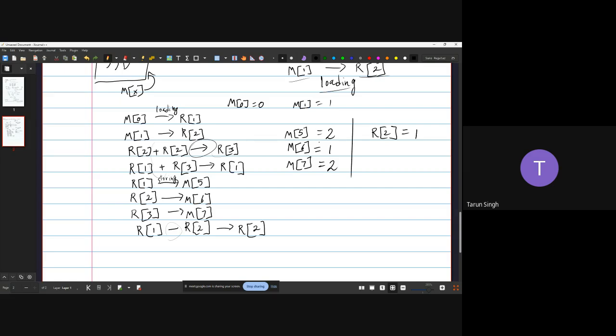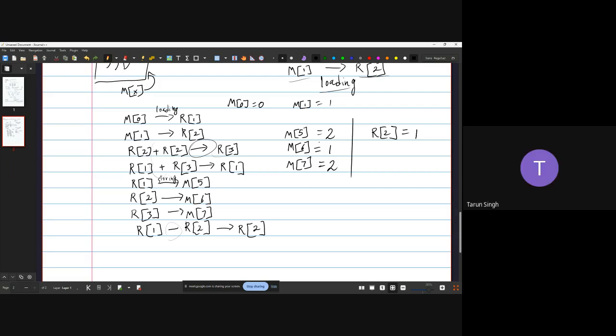And in the fourth one, where R1 plus R3 goes to R1, right? So now the value will be 3, right? The value of R1 is 0. Keep in mind the value in R1 is 0. Okay, sorry. So this is 0 plus 2.